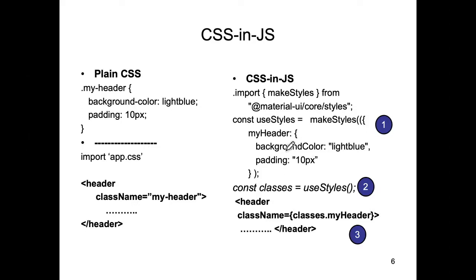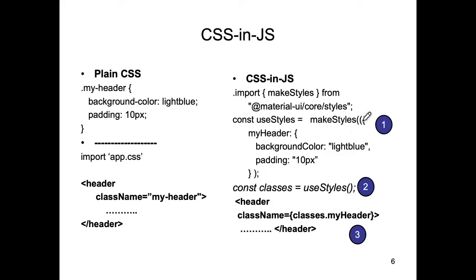This follows JavaScript object notation, so you've got your key value pairs, but other than that, it's almost literally taking the CSS that you see on the left and copying and pasting it and making slight syntactic changes to it.